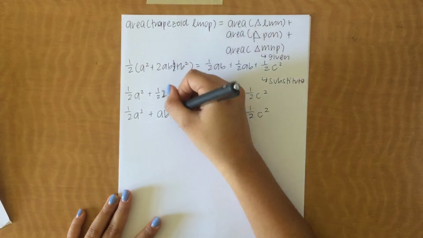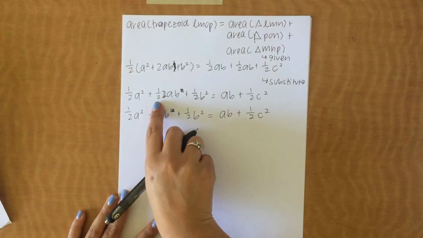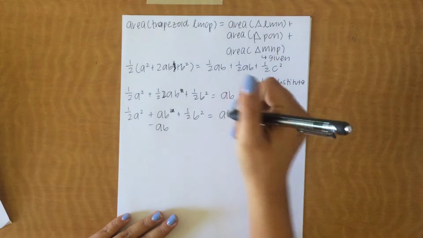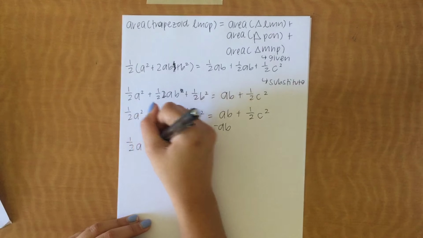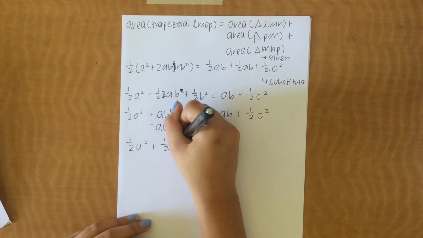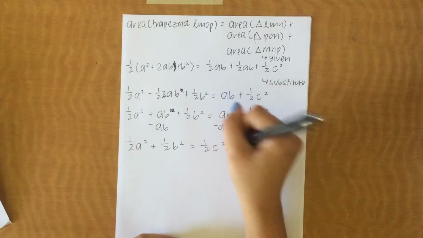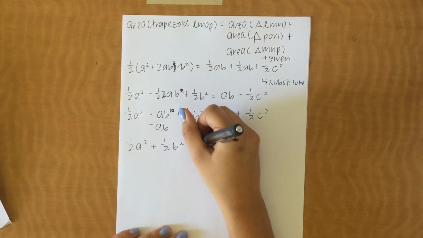There's no squared here. I thought that was a 2, but it's not. My mistake. So it's 1/2 times 2ab, so it'll just be ab. Then you can just subtract out an ab. So we have 1/2 a squared plus 1/2 b squared is equal to 1/2 c squared. And then just multiply it by 2 on both sides.